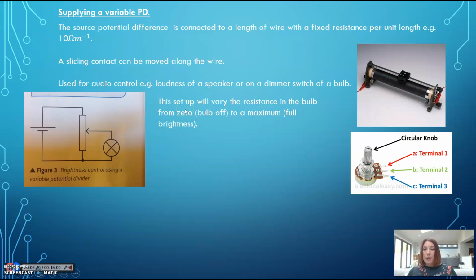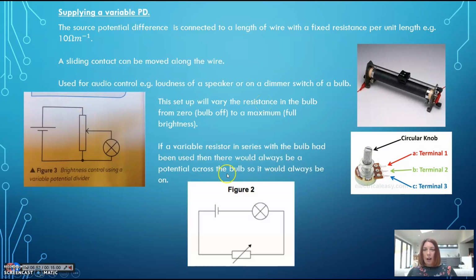This is a really good setup because it varies the resistance of the bulb from 0, with the bulb off, if it was here, to a maximum here, which would give you full brightness. If you had a slightly different setup where you put the bulb in series with the variable resistor, you could change the brightness of the bulb because you can make this resistance high or low, but there would always be a potential difference across here because they're in series, and so it would always be slightly on.